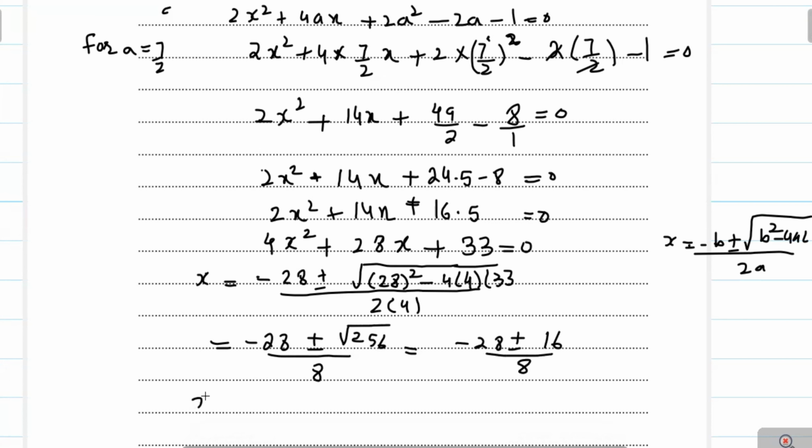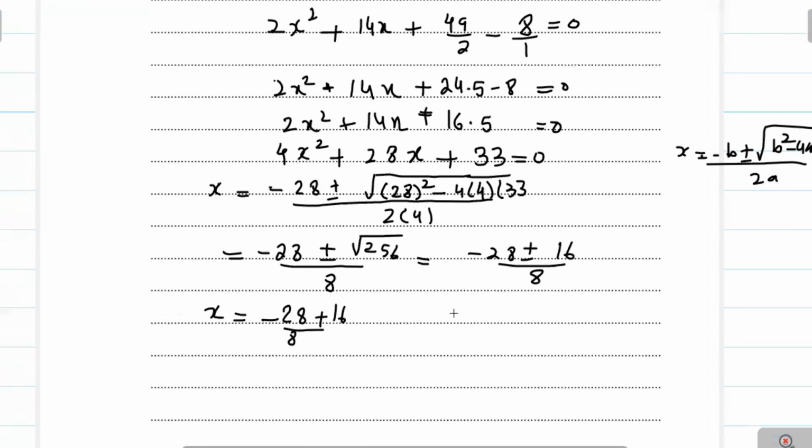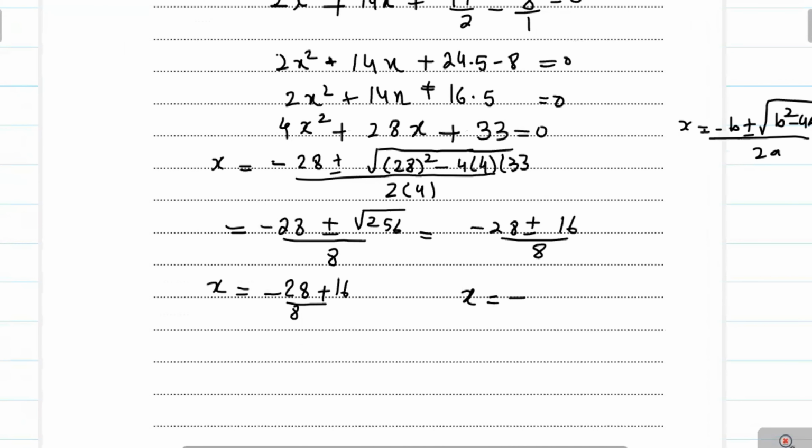Therefore, the value of x is minus 28 plus 16 over 8, and the next value is x equal to minus 28 minus 16 over 8.